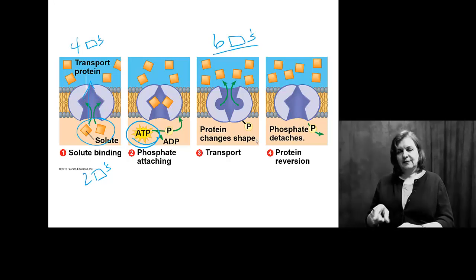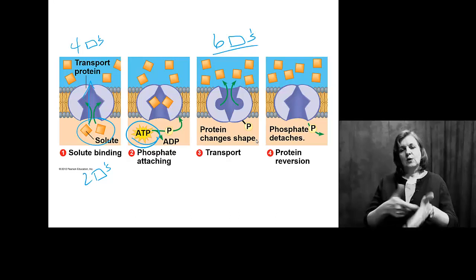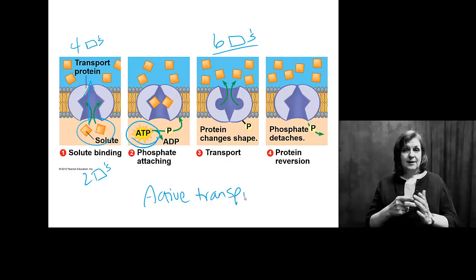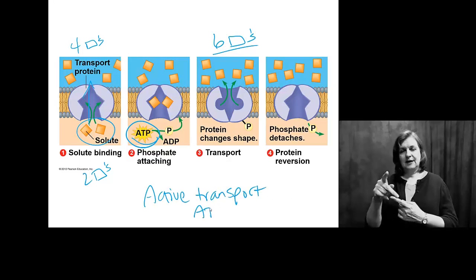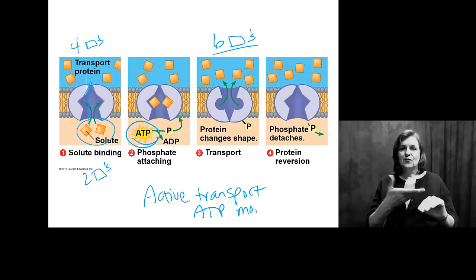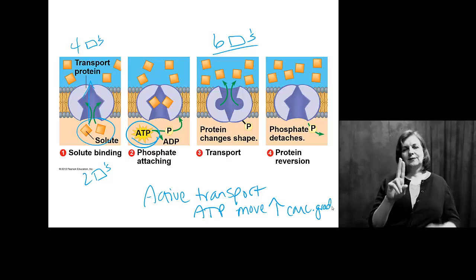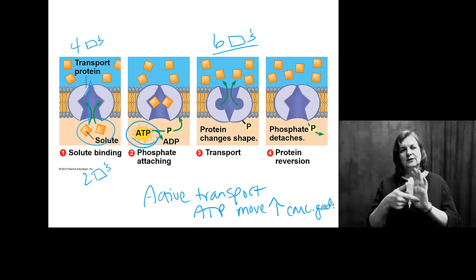And every time we do this process, it's going to cost more and more energy. So with active transport, you are looking to use ATP to move things up a concentration gradient. We'll look at these more with specific examples.